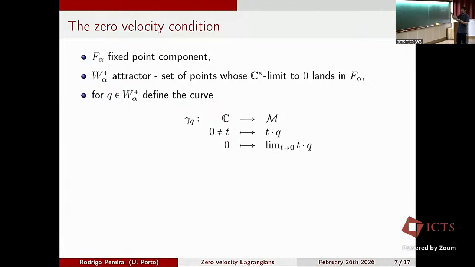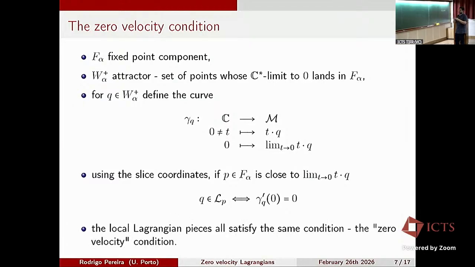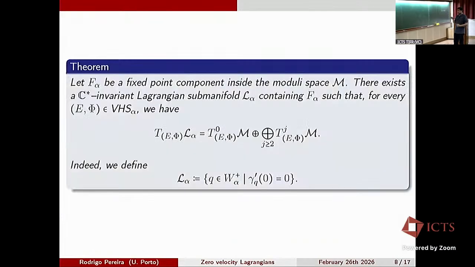Okay, and if you use the coordinates given by those slices, you can show that being in that slice is precisely equivalent to your point arriving at the limit with velocity 0. And this zero velocity condition will define globally our Lagrangian. So this is just the result telling us that such an object exists.